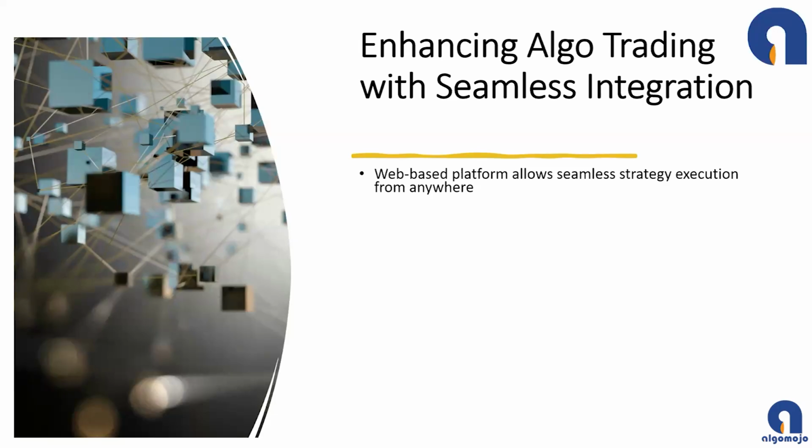We have tried to keep this platform as simple and easy to use as possible. You need not have any programming or coding knowledge to use our platform and automate your strategies in TradingView or Amibroker or MT4 kind of platforms.